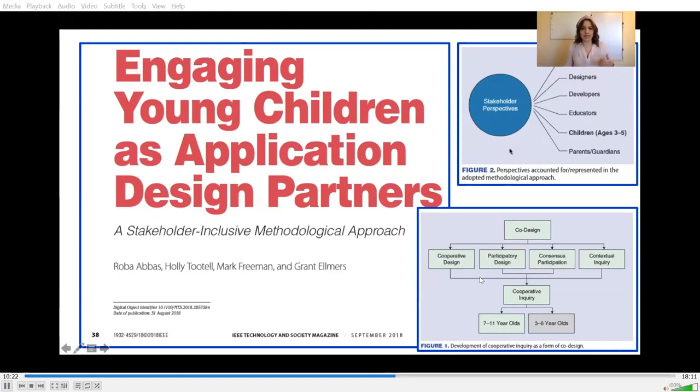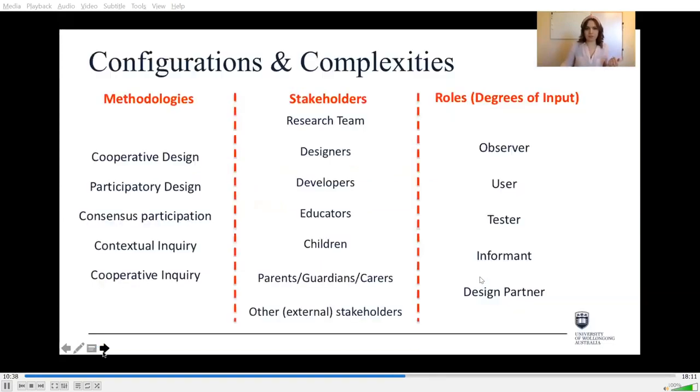So we defined stakeholders of interest that we wanted to capture perspectives of, and we also reviewed theory and methodological developments in the co-design space that would be appropriate to the engagement of primarily children and then educators and other stakeholder types. And I'd like to present you with this notion of configurations and complexities based on that example.